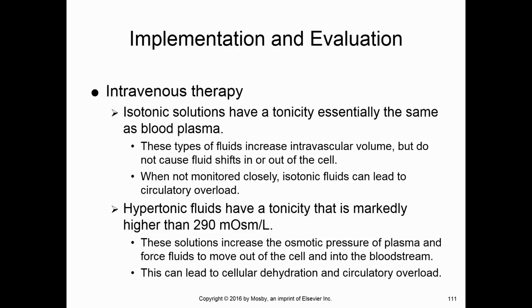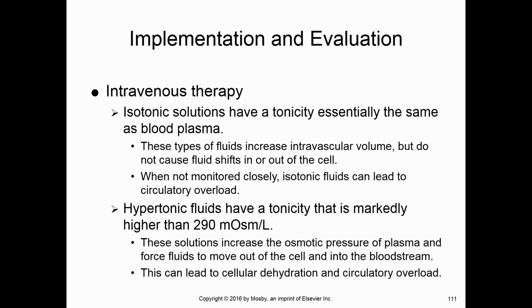Hypertonic fluids have higher tonicity than our blood plasma, so when we give these fluids, we're going to again increase the osmolarity in our vasculature and start forcing fluids out of the cell and into our bloodstream to dilute that hypertonicity in our vasculature, okay?